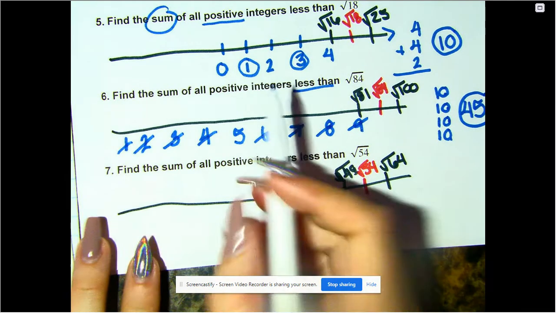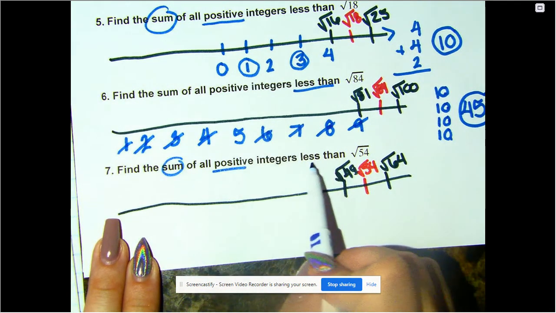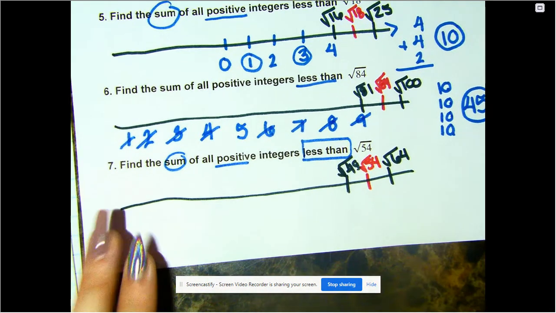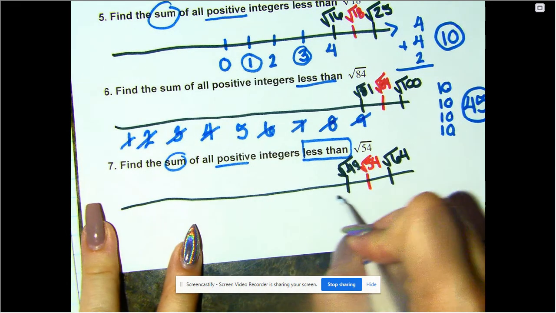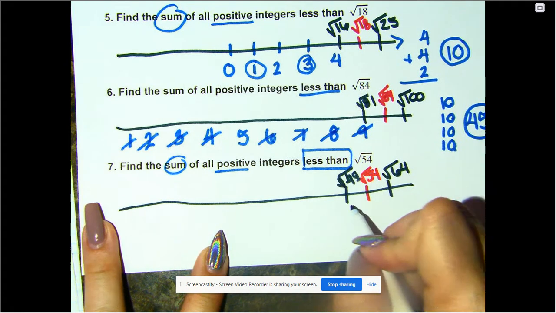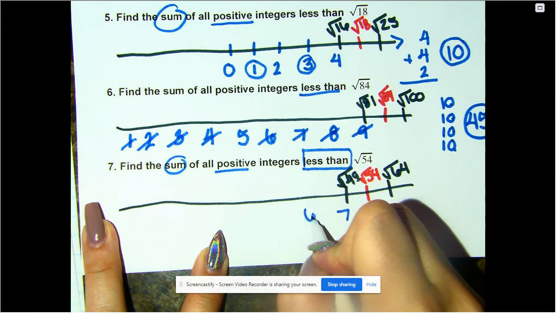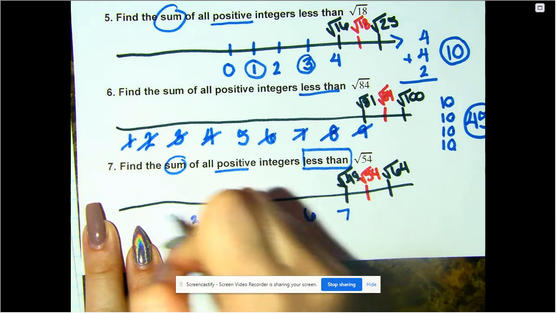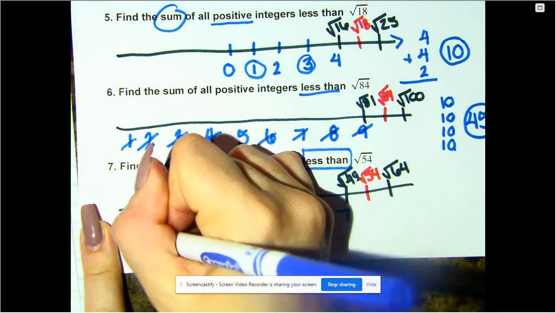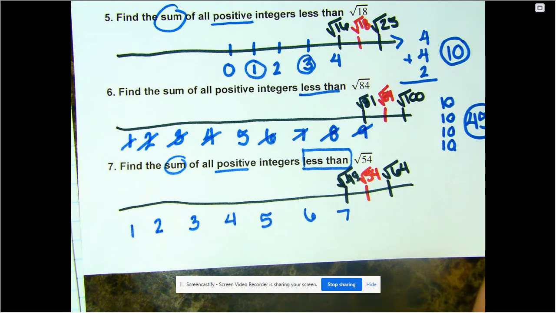Okay, this problem said the sum of all positive integers less than, this right here is your very important word. And if the square root of 54 is here, the numbers less than are going to be on this side of the number line. So we have 7, 6, 5, 4, 3, 2, 1. Okay, same concept. I'm going to pull out numbers of 10.